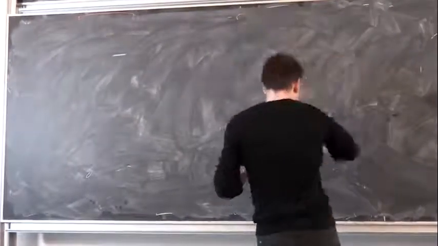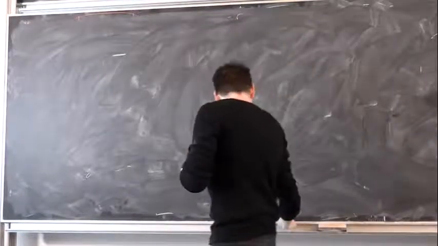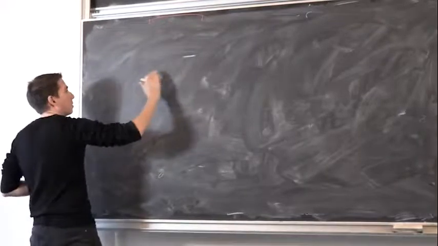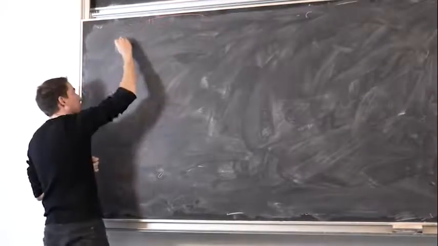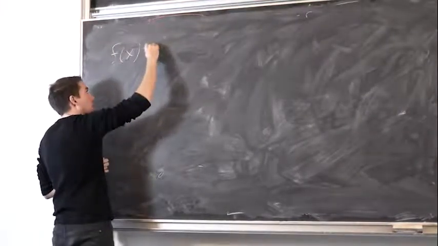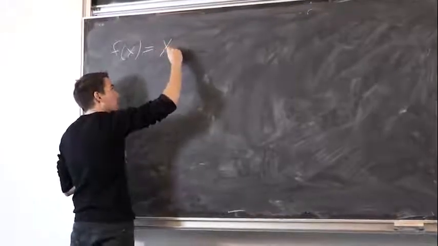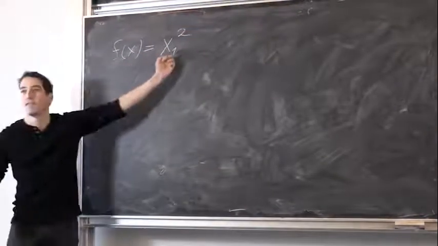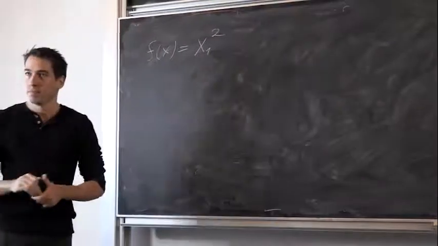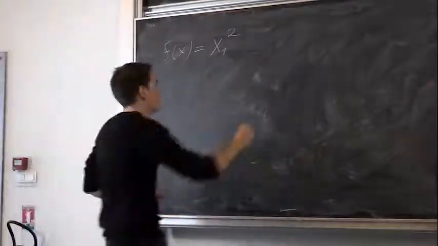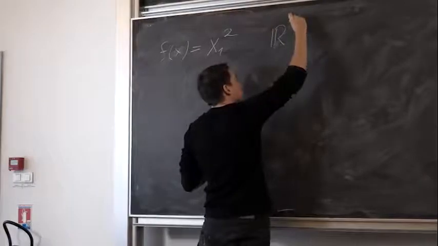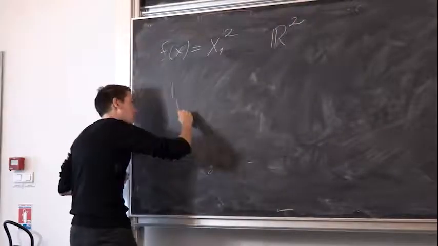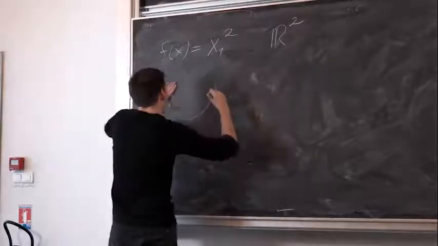The third example I want to give is basically two-dimensional. Let's look at the function f of x is equal to x1 squared. So this is just the first coordinate, and we're in R2. So the graph of f looks something like that.